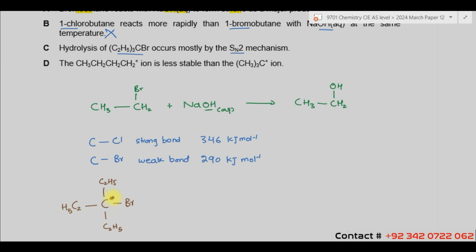If you look at this carbon, it is attached to 3 other carbon atoms, so it is a tertiary halogenoalkane. A tertiary halogenoalkane always follows the SN1 mechanism. So again, incorrect.